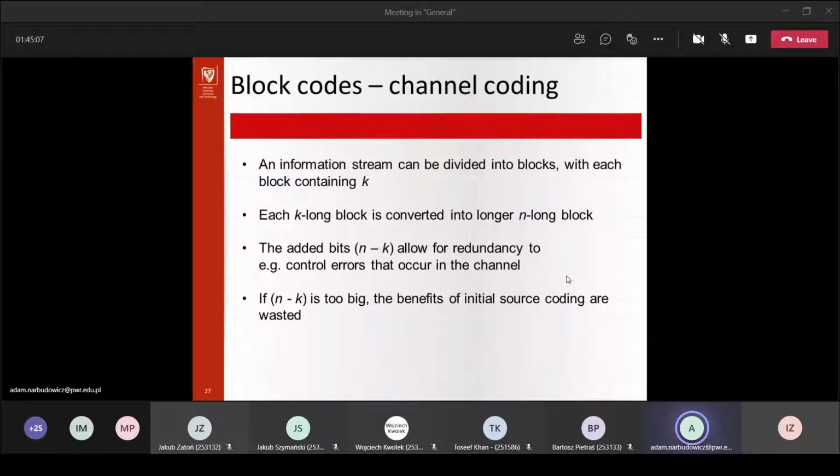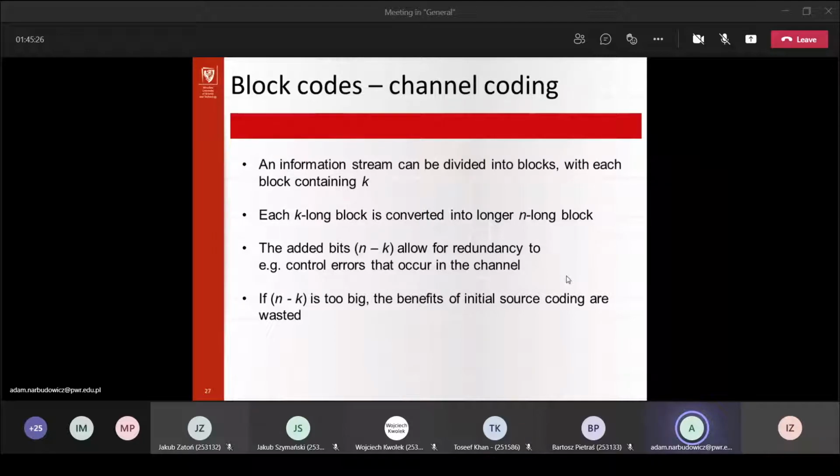So even here we need to look for a certain trade-off, because you want to add as many bits as will get you a high probability of receiving without errors, but not too many, because then it's still a redundancy.